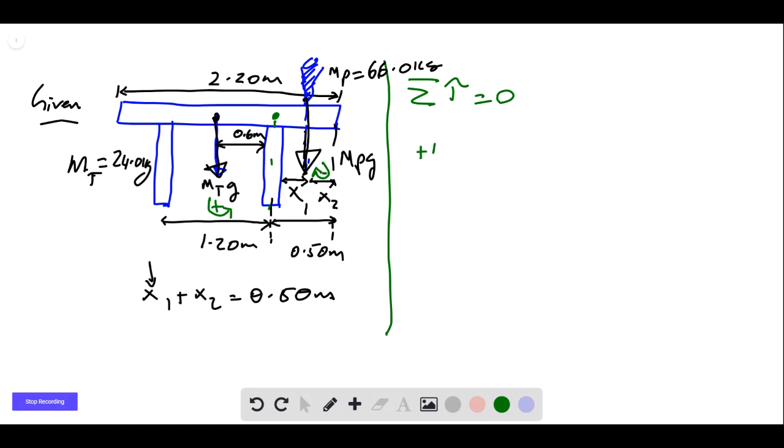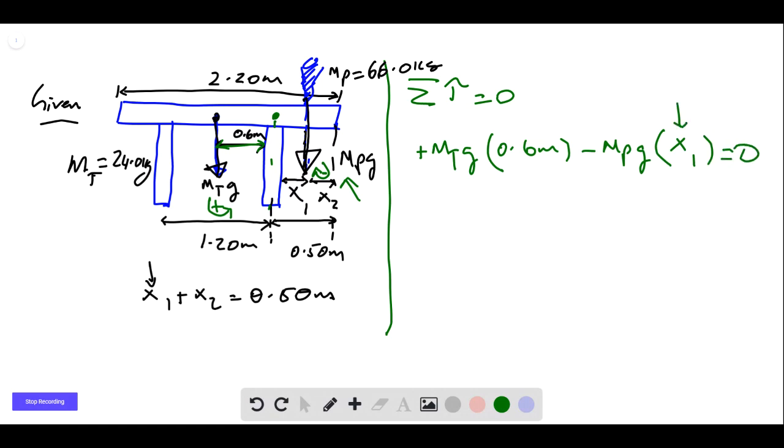So we have positive mtg times the perpendicular distance, which is 0.6 meters, minus, because the negative torque is clockwise, mpg, that's the force, times the perpendicular distance. We don't know what it is, so we call it x1. That's going to be 0. Our goal is to solve for x1.